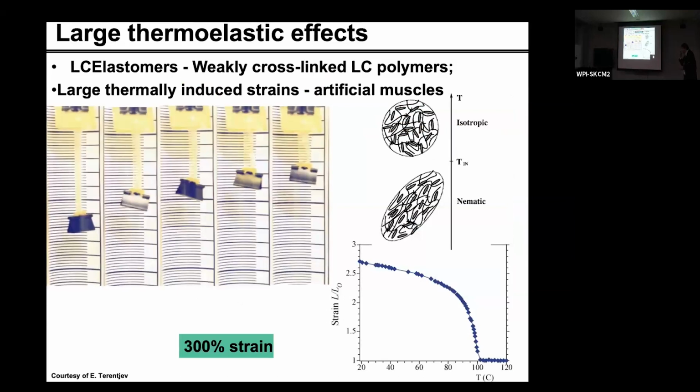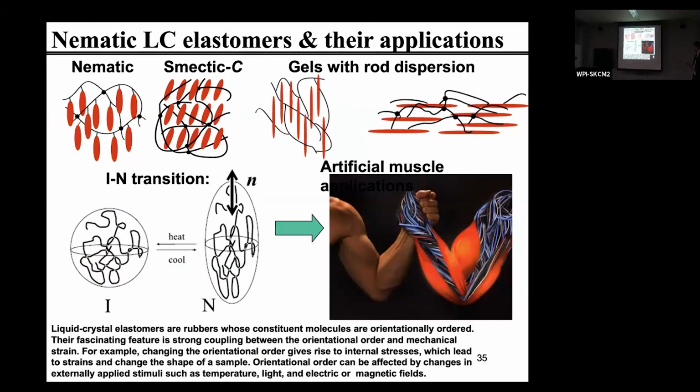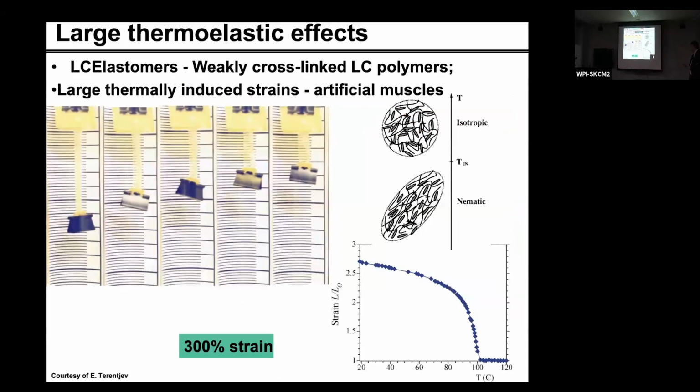And as we change orientational ordering, either degree of ordering defined by a scalar orientational ordering parameter, or orientation of average ordering direction, we can control these properties quite dramatically.